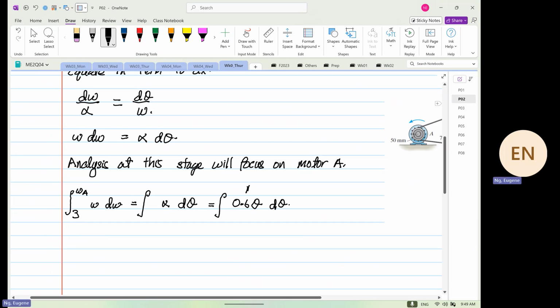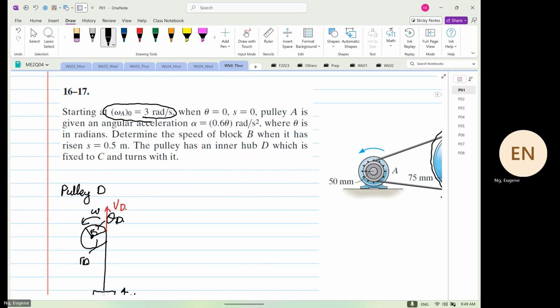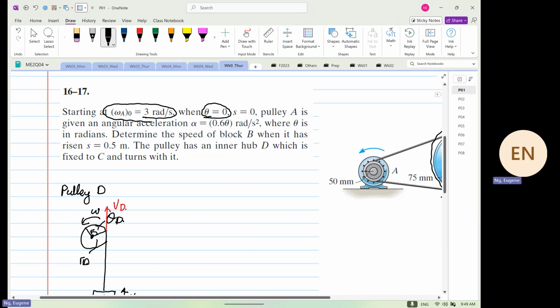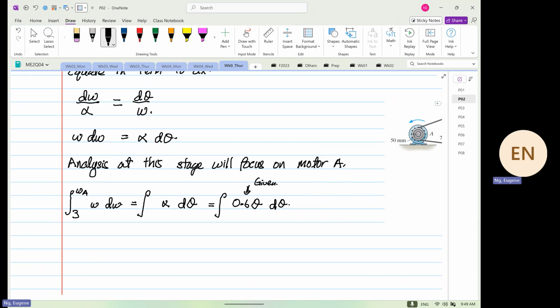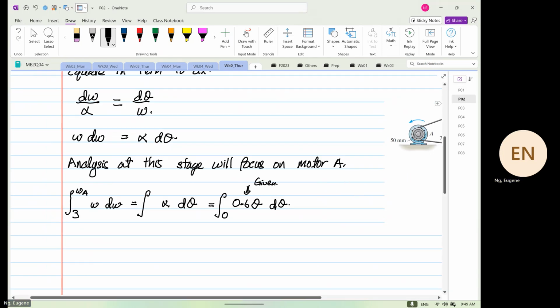Okay. So this over here is given. Now, if we were to go back to our question, they did state that theta is equal to what? Theta is equal to 0. So we know that theta is equal to 0 over here.